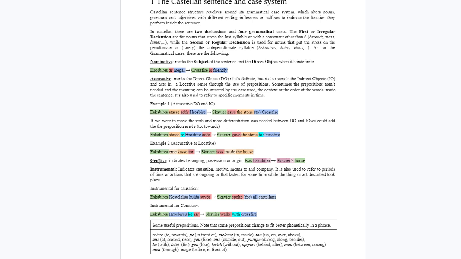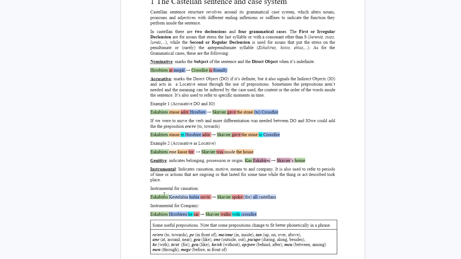If we want to express why we do an action, or our motives, or more or less the context of something, we use this grammatical case. We can also use it for company, so what persons or things we are doing some action with.